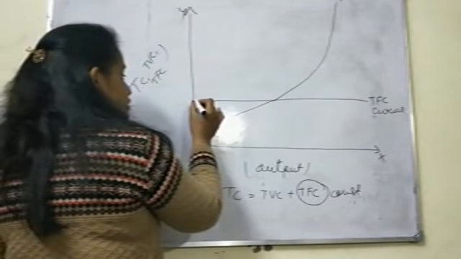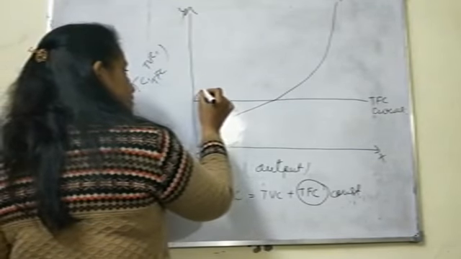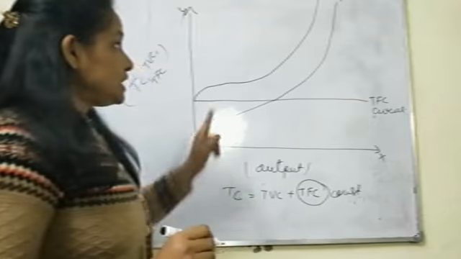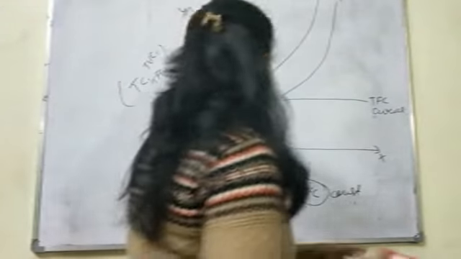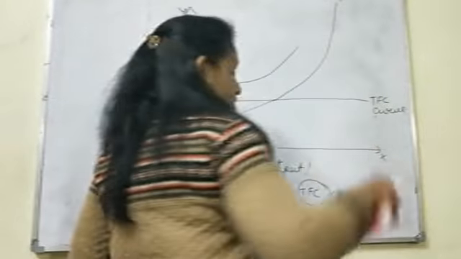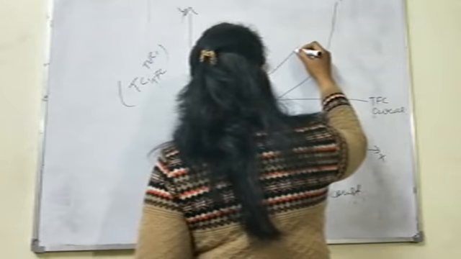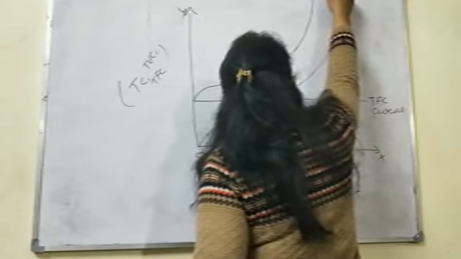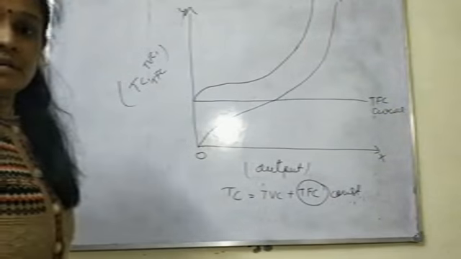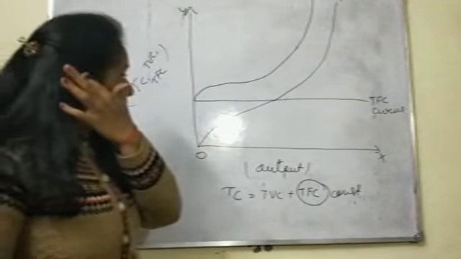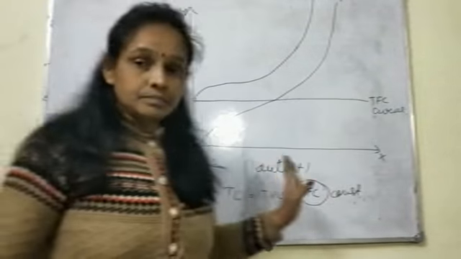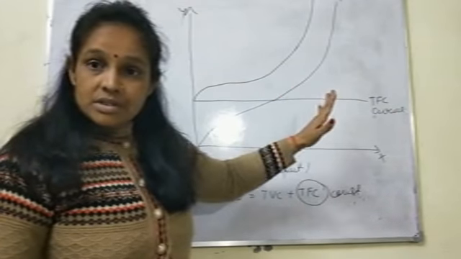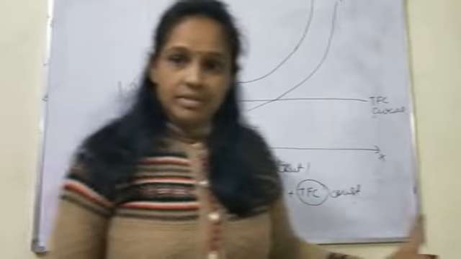From here your TFC started. From here onwards your TC will also start, and it will be parallel to TVC. You need to take care of this. This is your TC curve. So this is the diagram of total cost, total variable cost and total fixed cost in the same diagram. Is it clear to all of you?